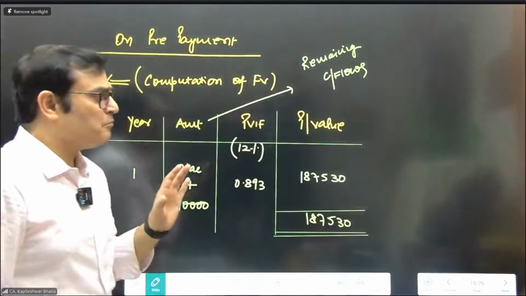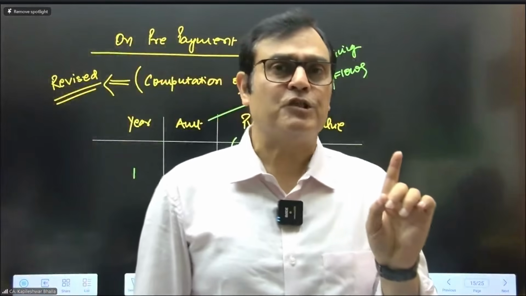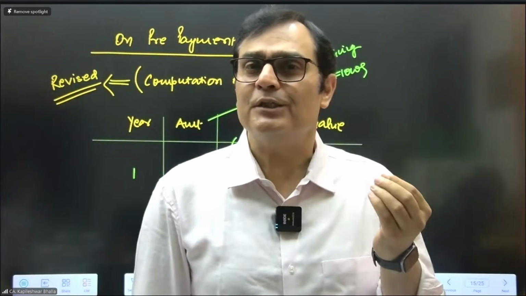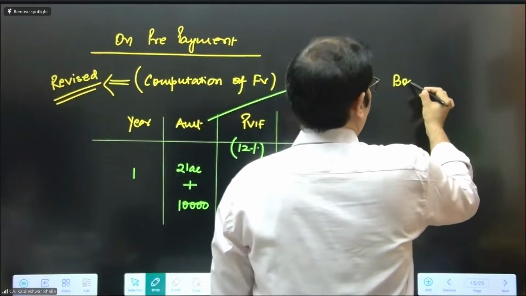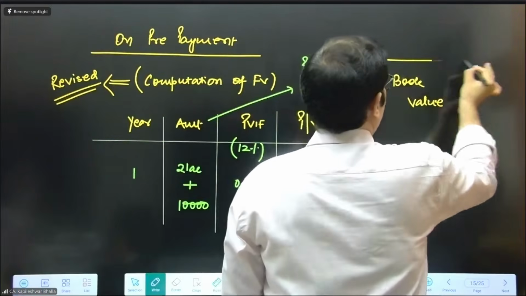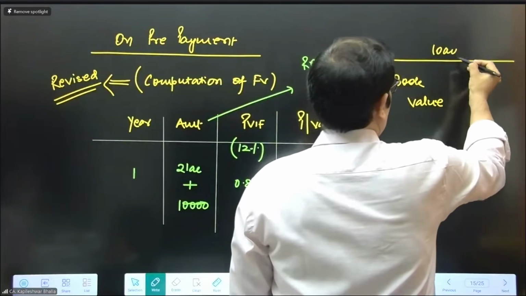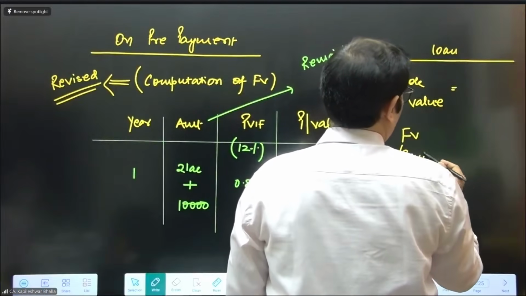Now you need to compare the book value of the loan and the revised fair value and get the difference. So let's see what is the book value of the loan, and let's see what is the revised fair value.